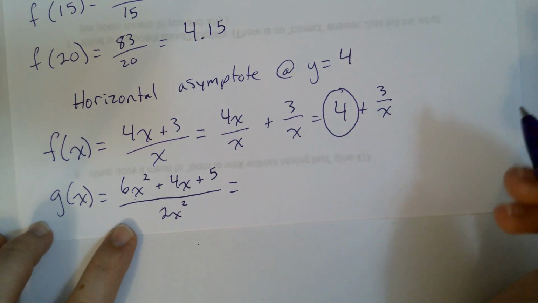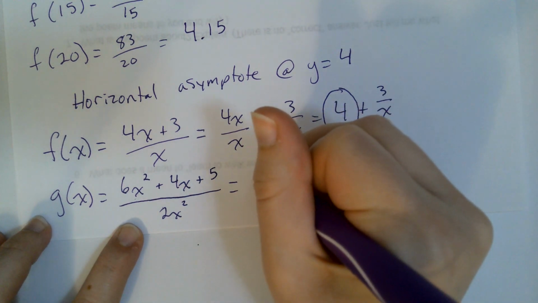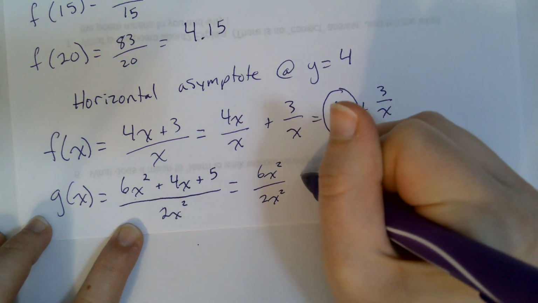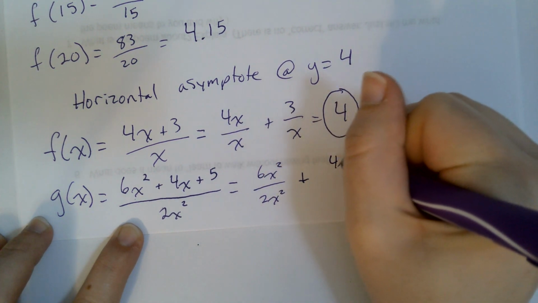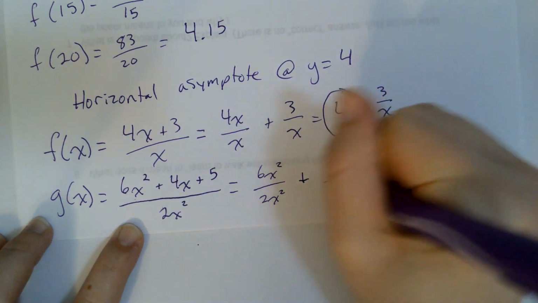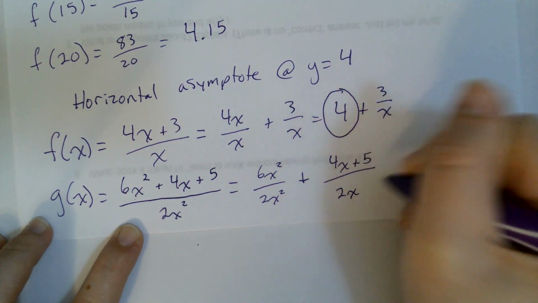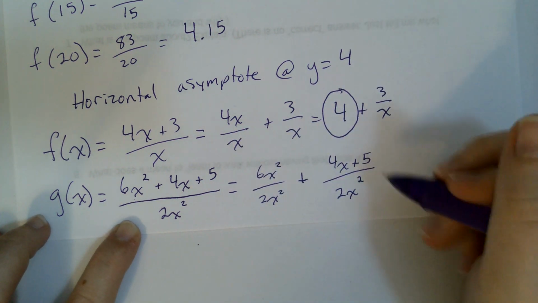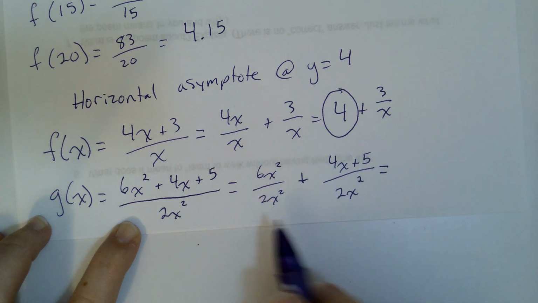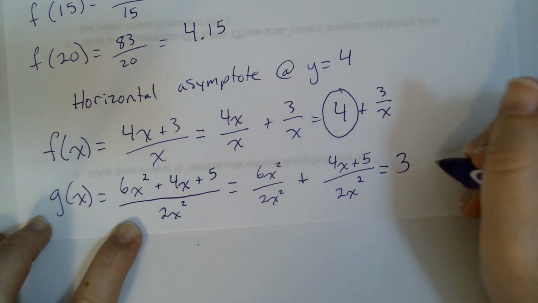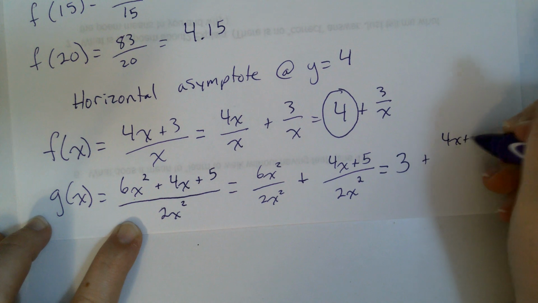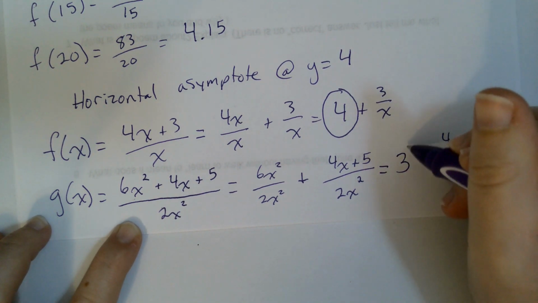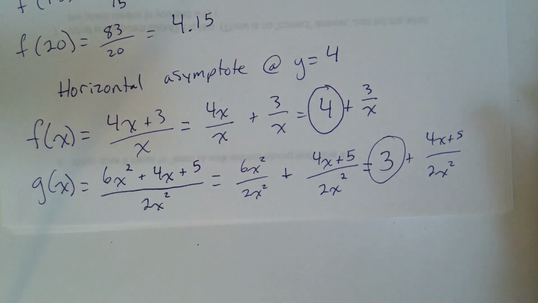And we can actually split that into 6x squared over 2x squared, and then plus, and I'm just going to keep the 4x and the plus 5 together, because I know that's not really going to simplify, but this will. So the 6x squared over 2x squared is going to give us just 3, plus 4x plus 5 over 2x squared. So this 3 right here is going to be our horizontal asymptote.